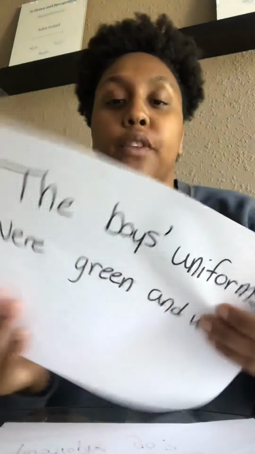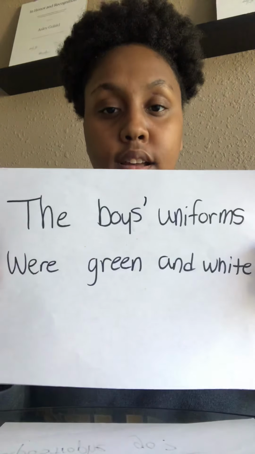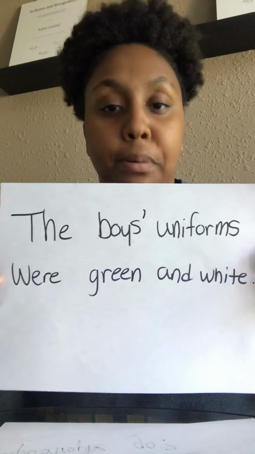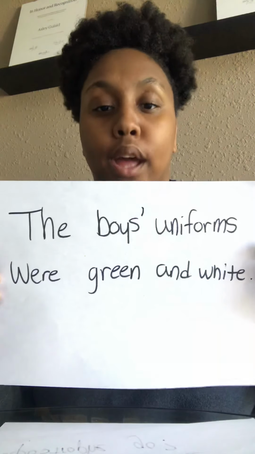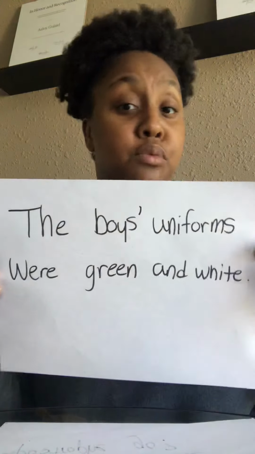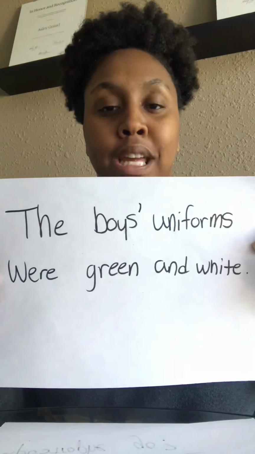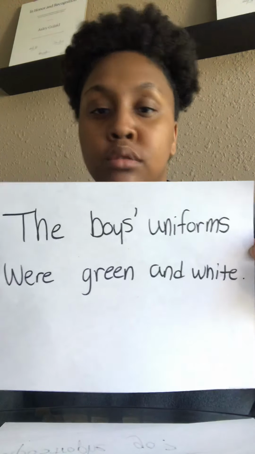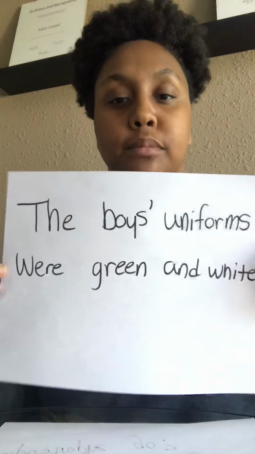Well, because the boys were already plural, the apostrophe will go after the S to let me know there was a plural possessive noun. The boys' uniforms were green and white. What did the boys own or possess? They possessed the uniforms.